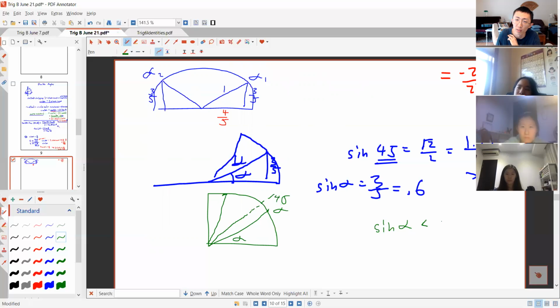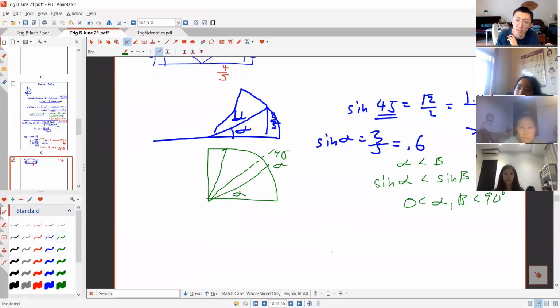If alpha is less than beta, or 45 in this case, then sine of alpha is less than sine of beta, where these are between 0 and 90. It increases from 0 to pi/2.